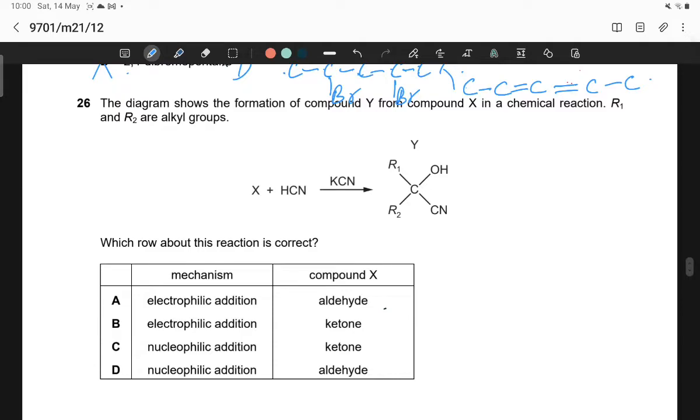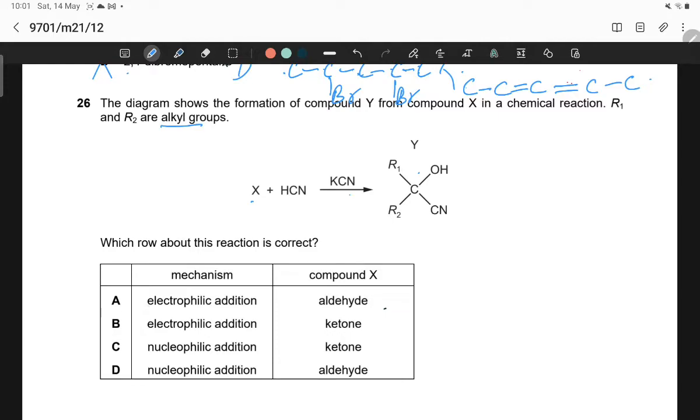The diagram shows the formation of compound Y from compound X in a chemical reaction. R1 and R2 are alkyl groups. X plus HCN, KCN gives R1 R2 C(OH)CN. Which row about this reaction is correct?